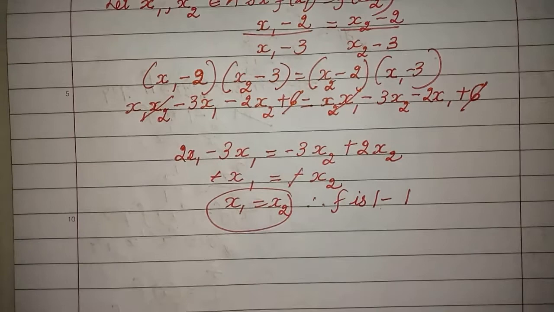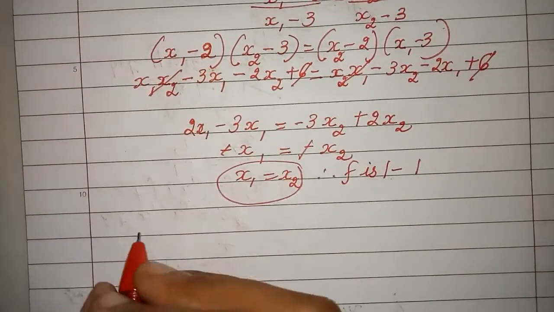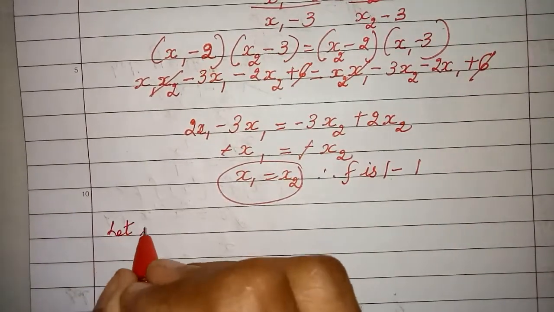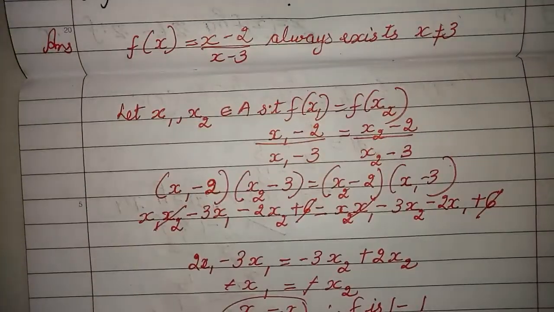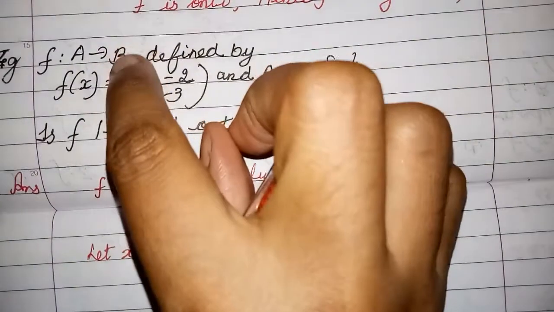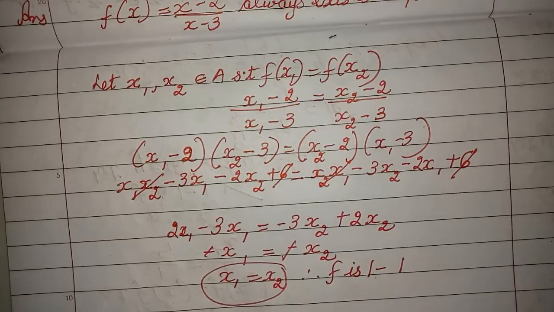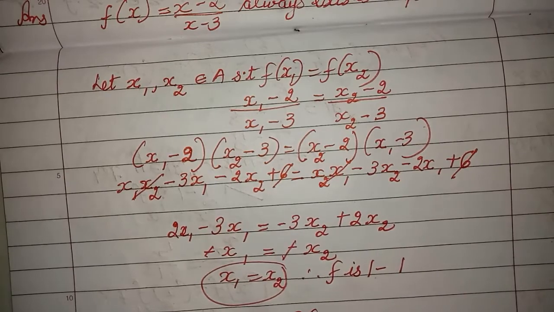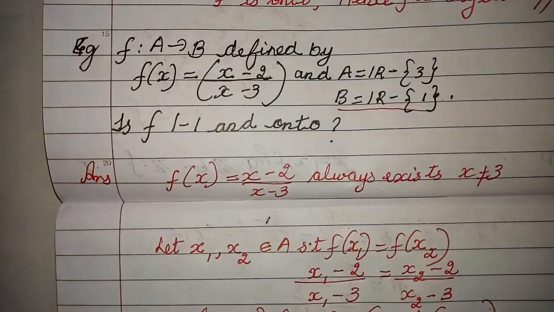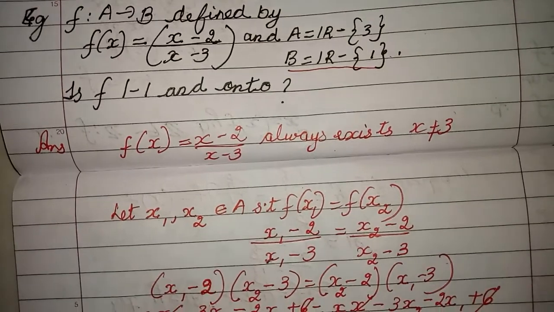Alright, now let us turn back. Turn back means going back to onto. So let y belong to B such that y is equal to f of x. Okay. So what is our y, children? What is our f of x, children?